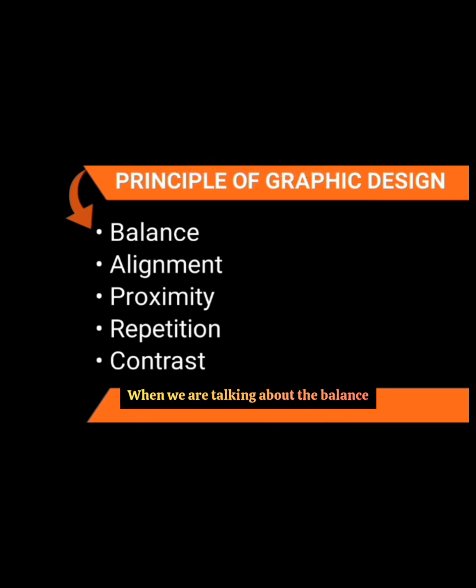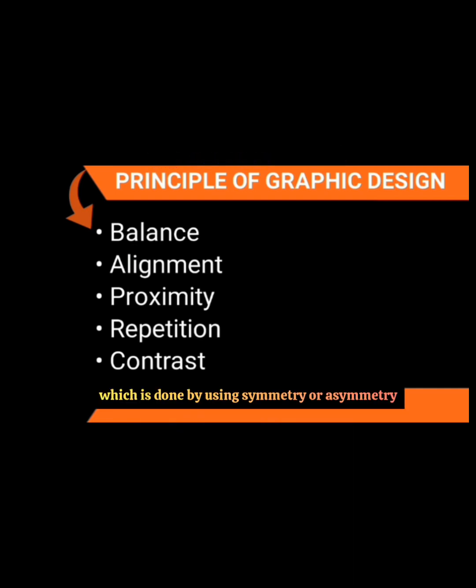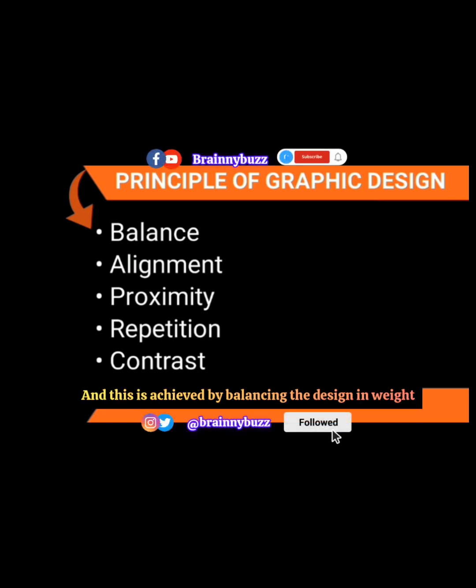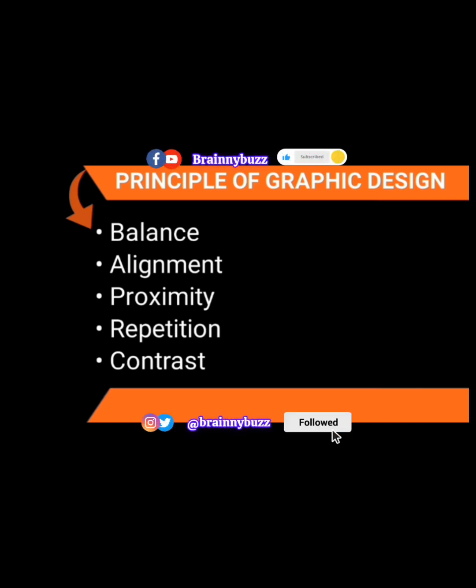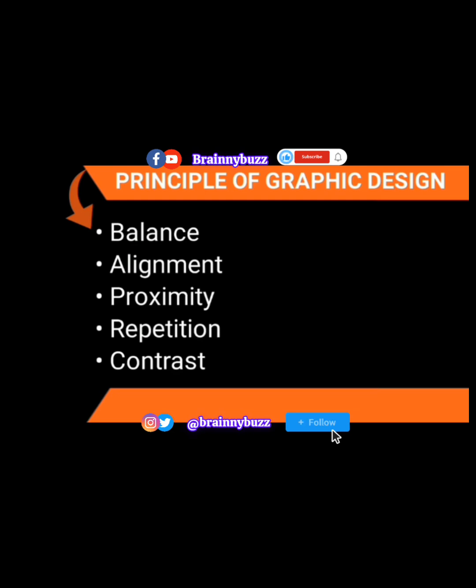Balance is a way of achieving visual balance in graphic design, which is done by using symmetry or asymmetry. This is achieved by balancing the design in weight, that is, shapes, lines, and other elements, which must be distributed equally.